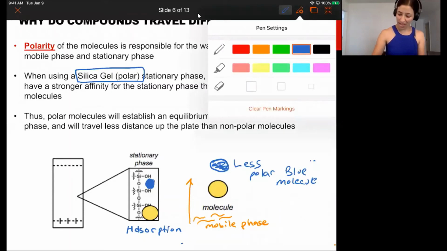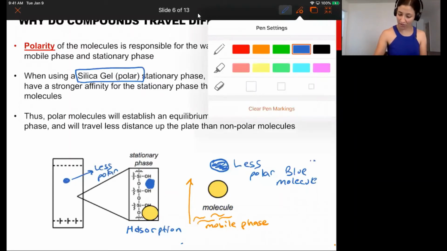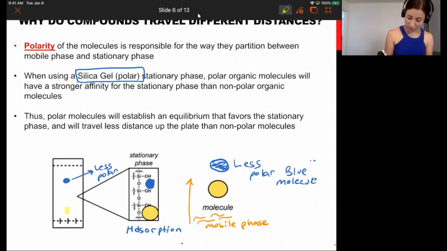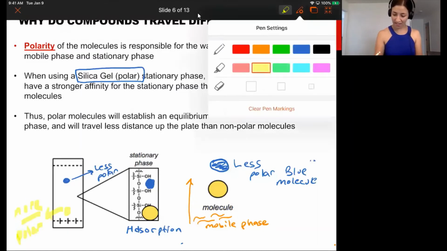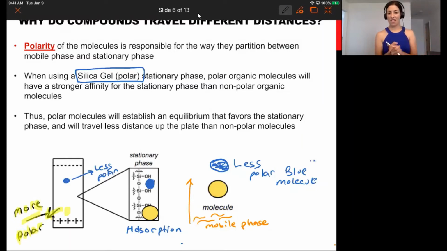What this ends up looking like is that the blue molecule that's less polar travels higher or faster, and the yellow molecule that's more polar travels slower. And let me make that a little bit clearer in my notes here. More polar. Okay. If you know that, you know everything you need to know about silica gel-based TLC.